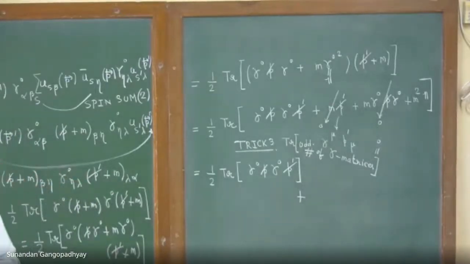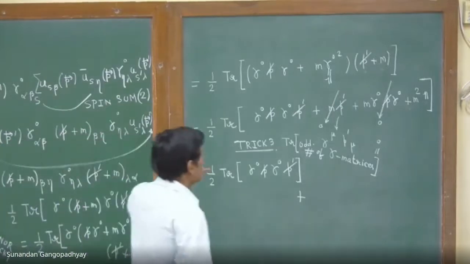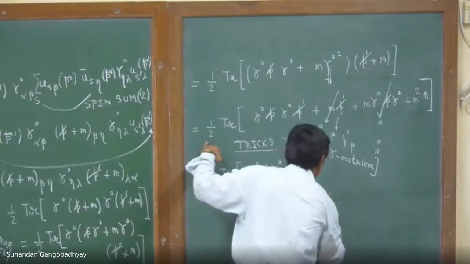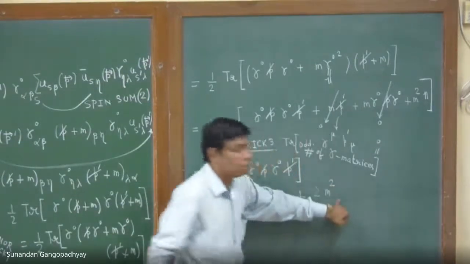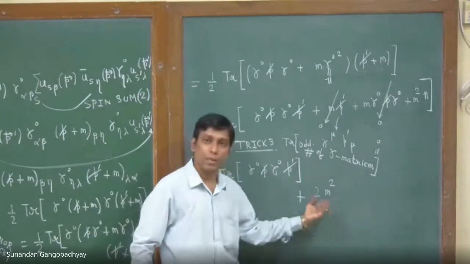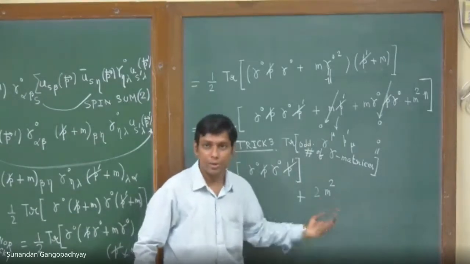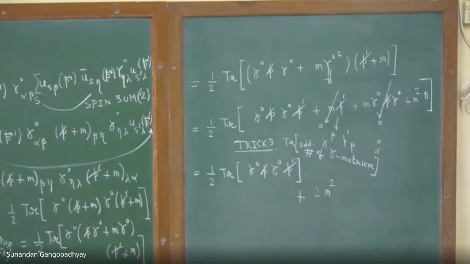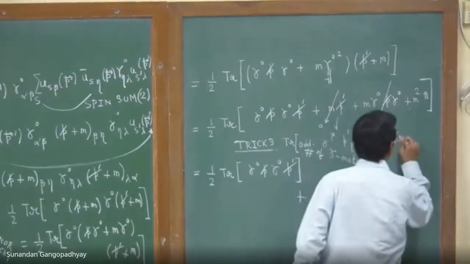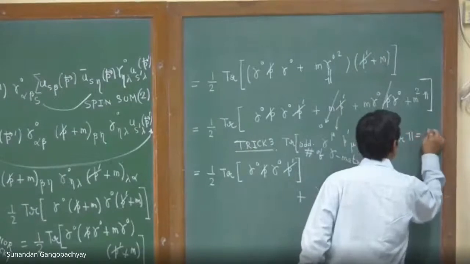Trace of a 4 by 4 identity matrix is 4, and therefore this will give you 4n square divided by 2, so it comes out to 2n square. Now there is no identity here because we have taken a trace here. This is twice n square. This is purely a number. It's not a matrix. So for the last term we have used trace of identity matrix is 4.